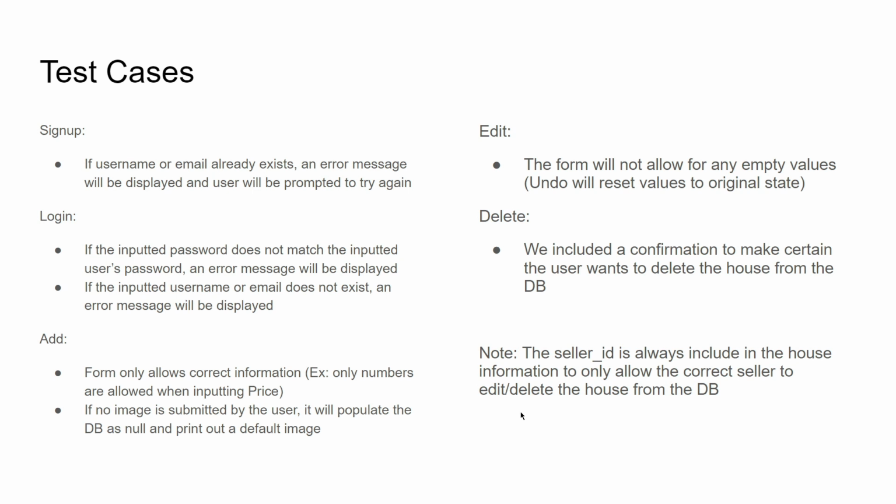And then the delete function, we included a confirmation, obviously, with JavaScript to make sure that the user wants to delete the house from the database, and then it will go ahead and delete it. And an important thing that our website does is that the seller ID is always included in the house information. So that only allows the seller of the house to delete or edit the house and not any other user. It has to be that seller.